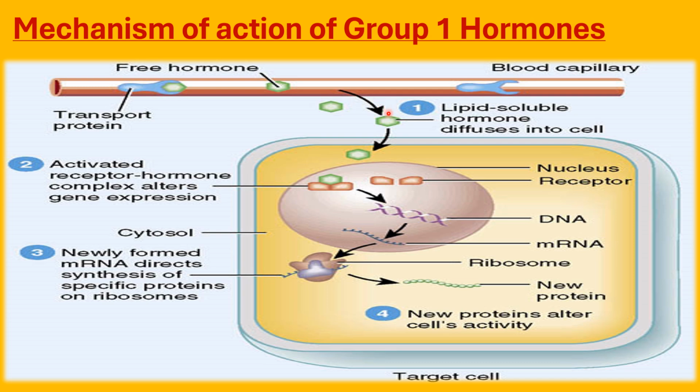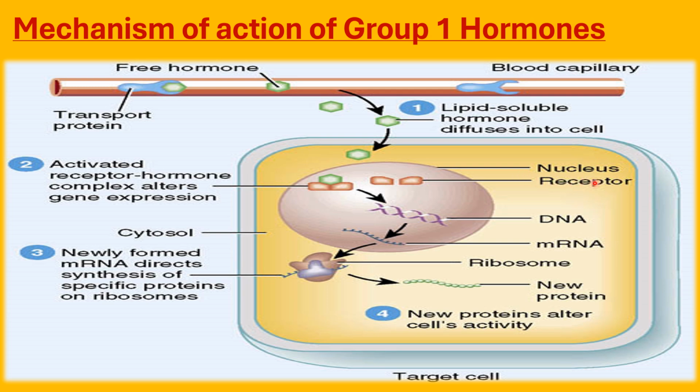When they reach their target cell, they separate from their transport protein and diffuse through the membrane inside the cell. Depending on whether they have a cytoplasmic receptor or a nuclear receptor, that hormone binds to its receptor.